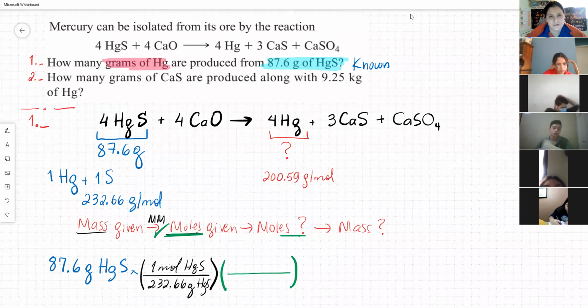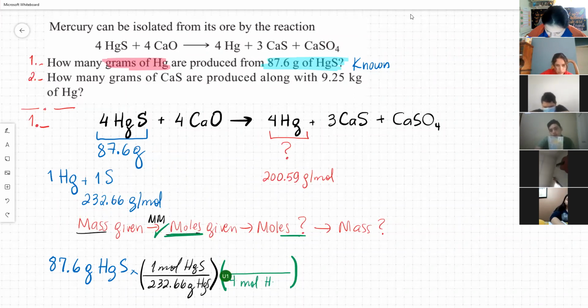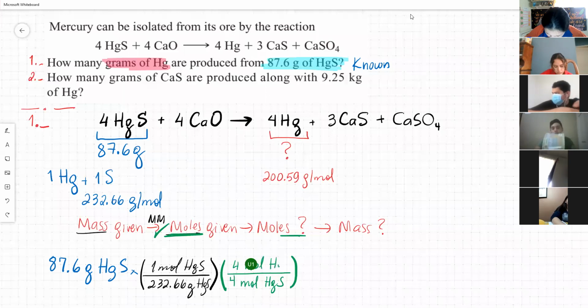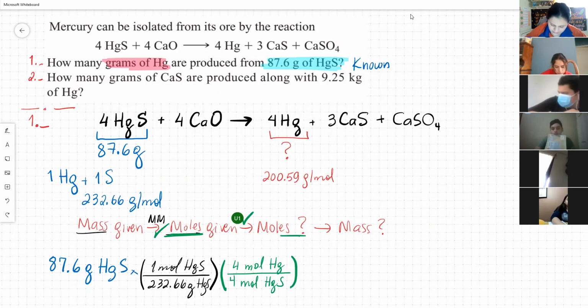We are going to put below 1 mole of, no, 4 moles of HgS equal 4 moles of mercury. So the second step, check.